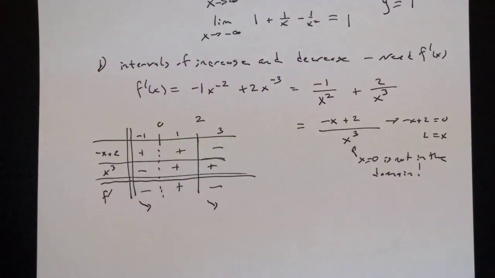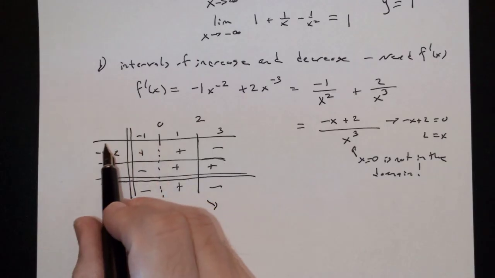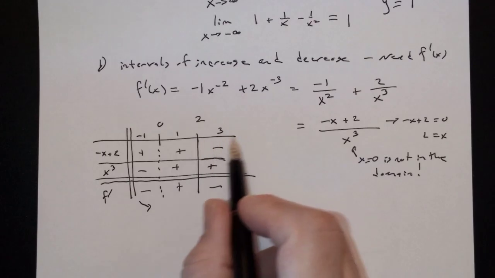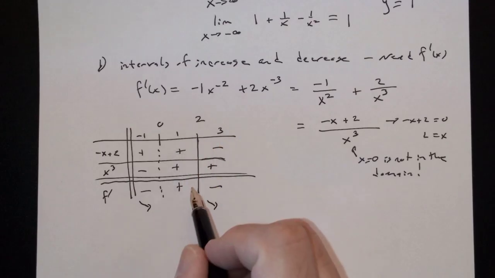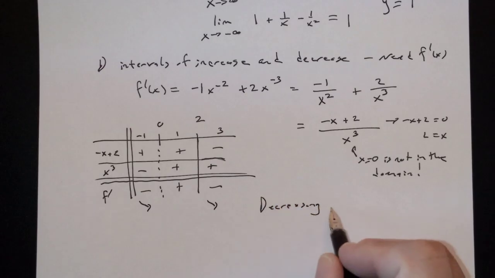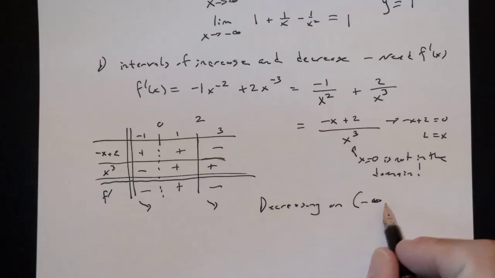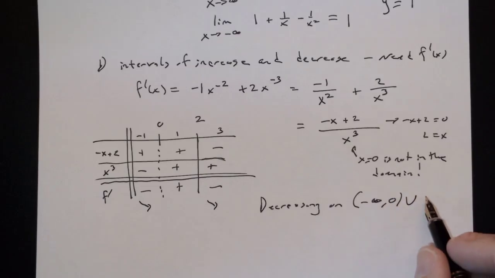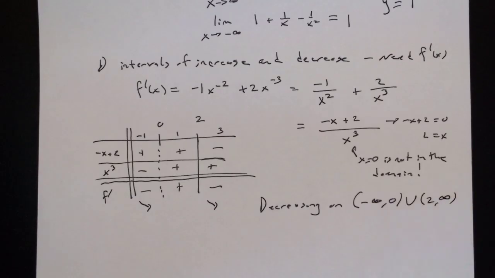This section is everything less than 0. It doesn't include 0, but it goes all the way up to 0. And this section is everything above 2. That's where the fence is. So I'm decreasing on the interval from minus infinity to 0, or from 2 to infinity.